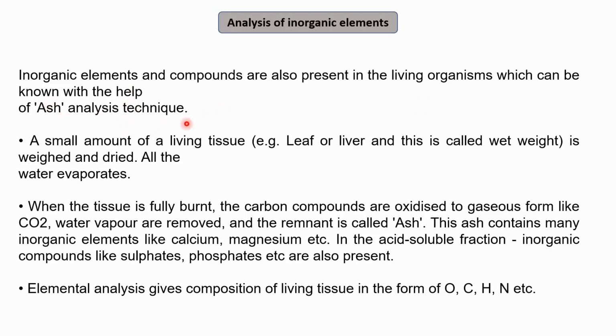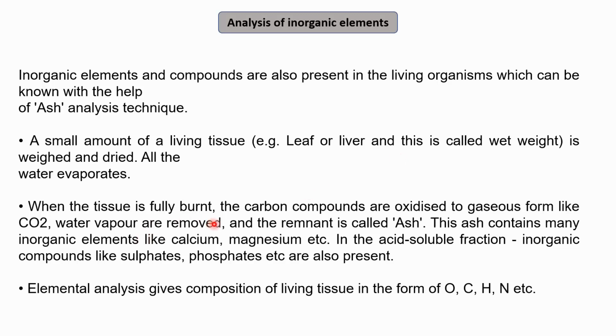We take a small amount of living tissue, for example a leaf or liver tissue, and weigh it without drying it. This weight is known as the wet weight. Then we dry it and weigh it again. Due to drying, all the water evaporates, so the weight we now get is the dry weight.